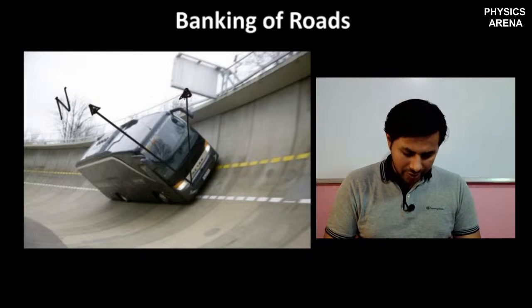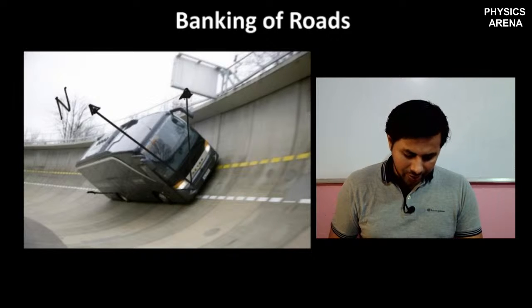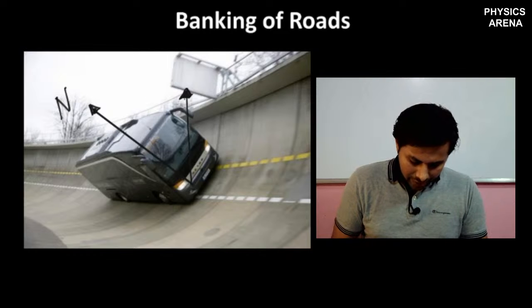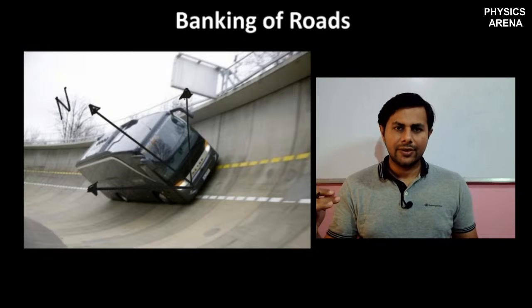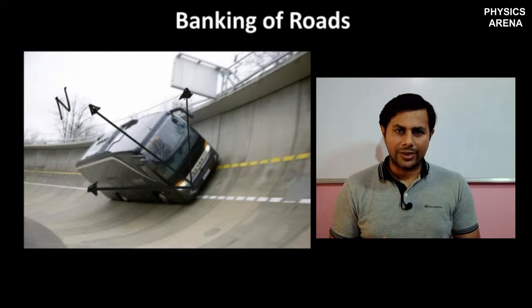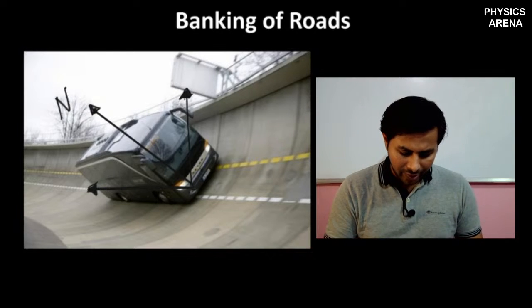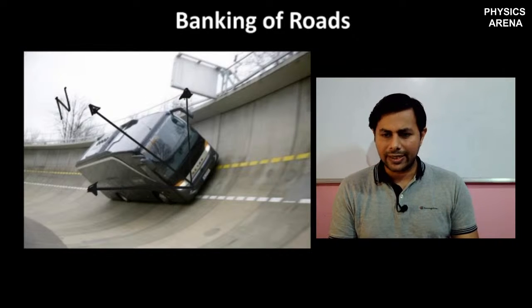So the vertical component of normal reaction will balance the weight of the car, and there is a horizontal component of normal reaction. The horizontal component of normal reaction is directed towards the center of the circle. So this horizontal component of normal reaction provides the centripetal force. Okay, and that's why now the vehicles can take safe turns.